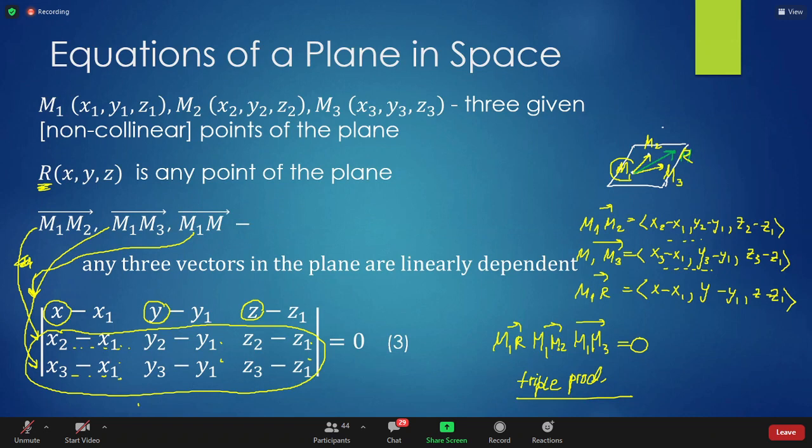So this is number 3. This is the third kind of equation, which means that we can write an equation if we know 1 point and the vector perpendicular to this plane. We can write an equation if we have 3 points in the plane that are not collinear, so the 3 points don't lie on the same line. So, equation of a plane through the 3 given points.